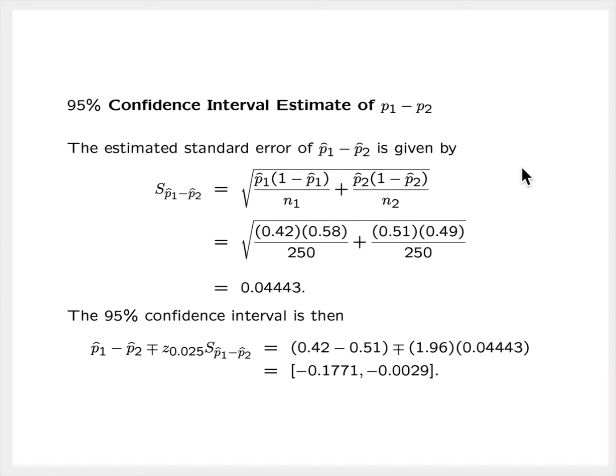Next, we construct a 95% confidence interval estimate for the difference P1 minus P2. The estimated standard error of p1 hat minus p2 hat is given by this calculation, and it's equal to 0.04443.